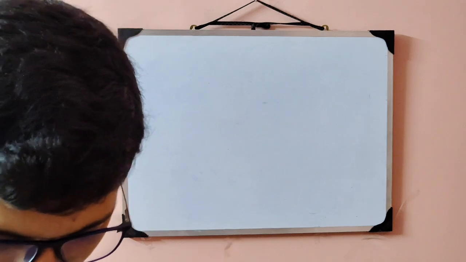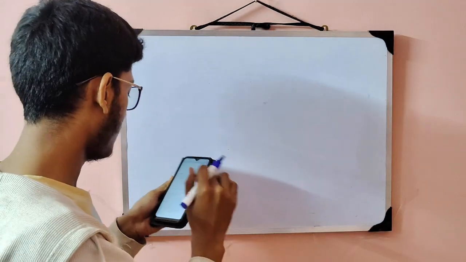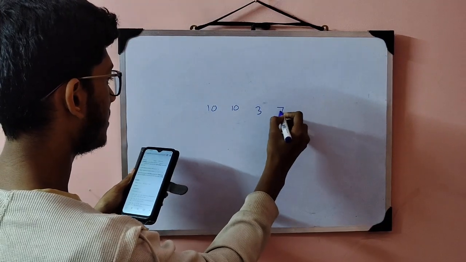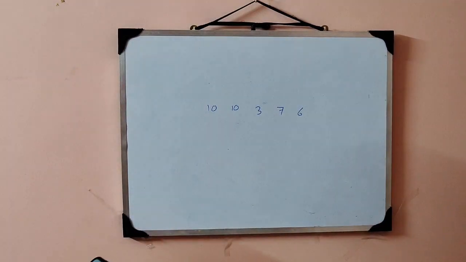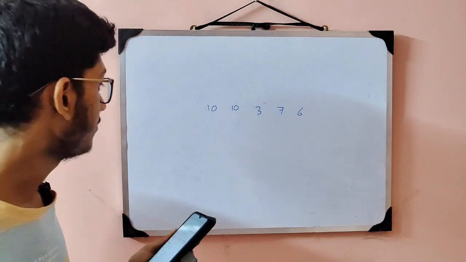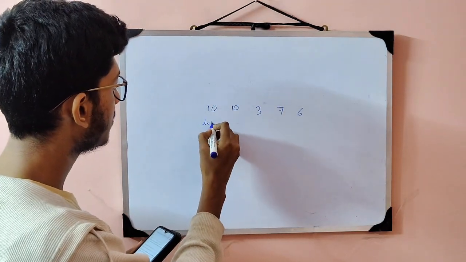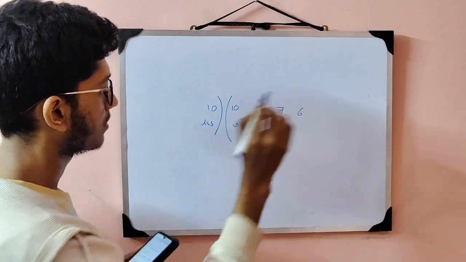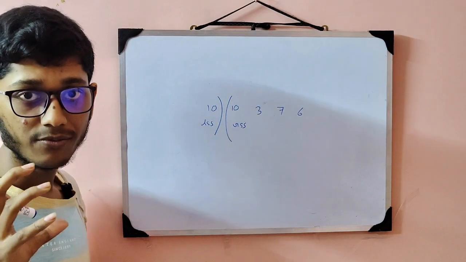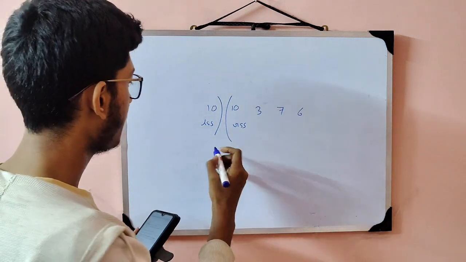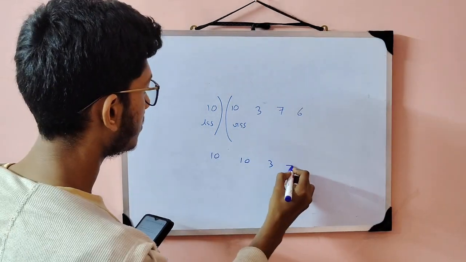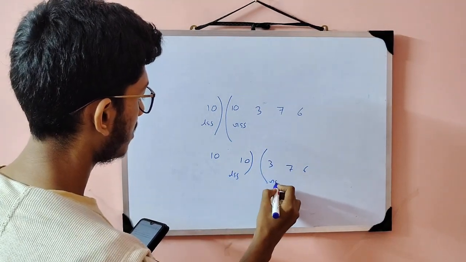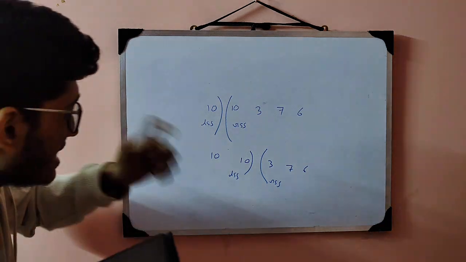And see, if you look at the example, 10, 10, 3, 7 and 6, you can see that for the first time my left subarray sum is this one and my right subarray sum is this one. But for the next time my left subarray sum is this much and my right subarray sum is this much. Can you see something?